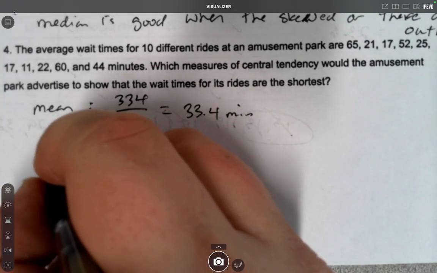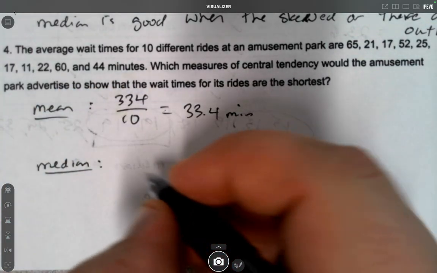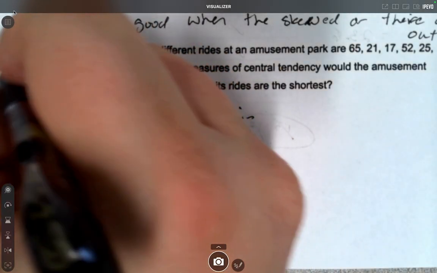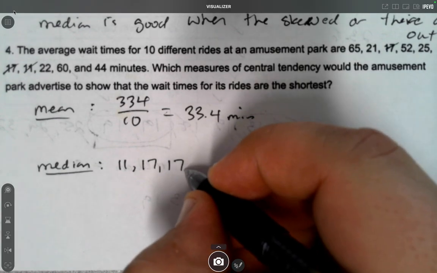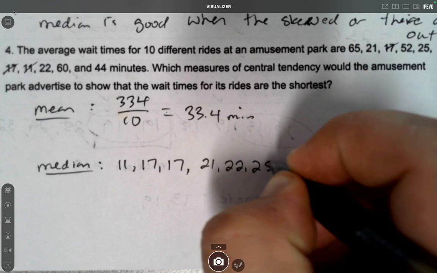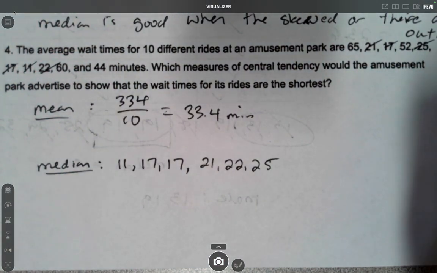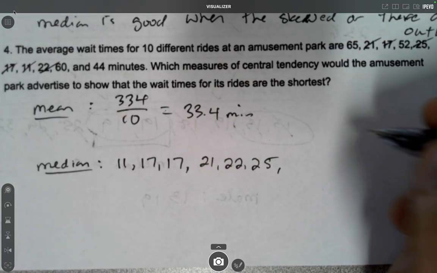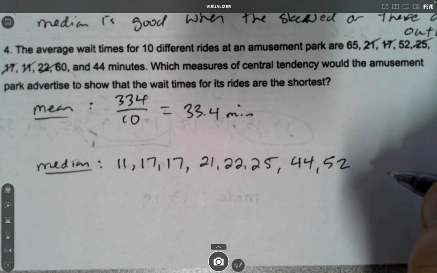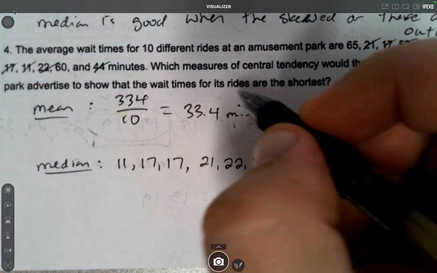For the median, let's put these in order. So we have 11 and two 17s as the lowest: 11, 17, 17. Then we have 21, 22, 25. Then 44, 52, and then 60 and 65.